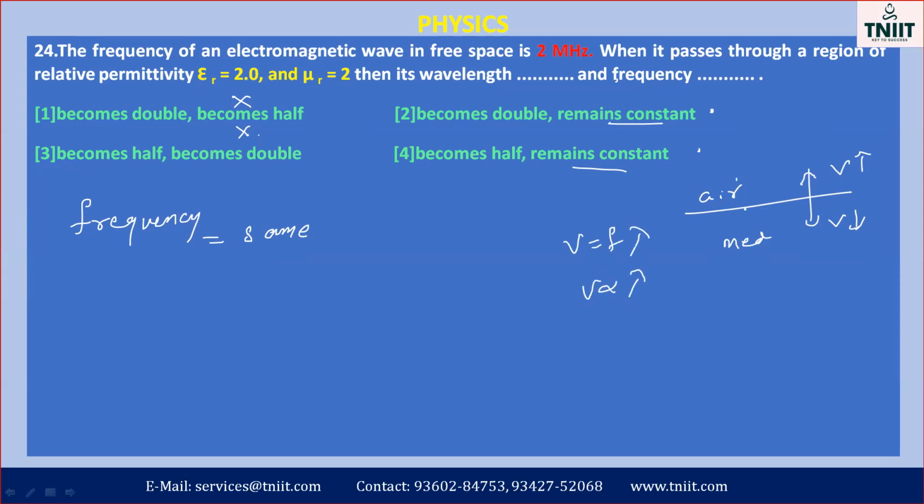If you are coming from free space to some other medium, definitely the wavelength has to decrease. So a decrease is there only in option 4, so option 4 will be the right answer. Option 2 becomes wrong because the wavelength can't increase. So option 4 is the right answer.